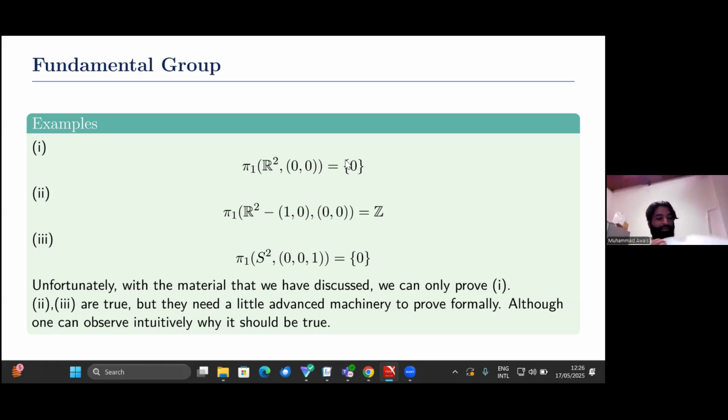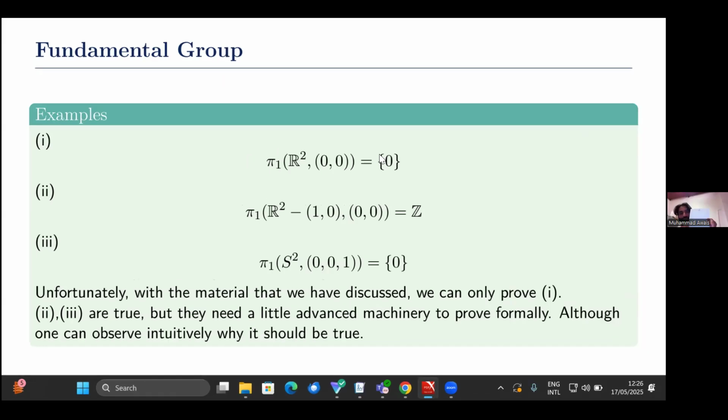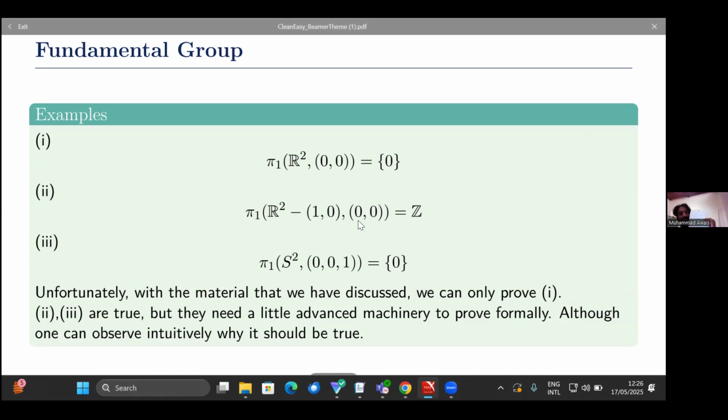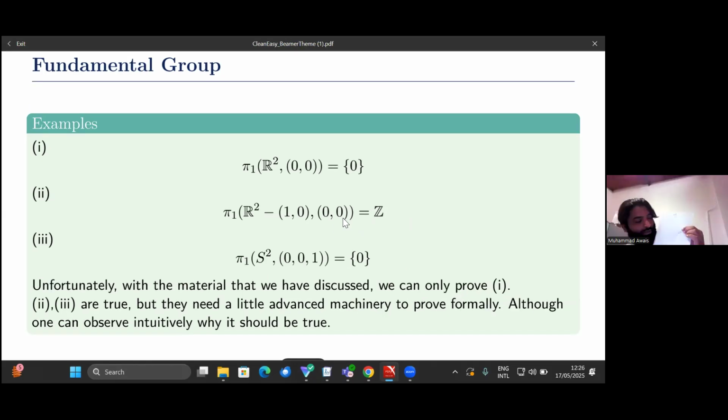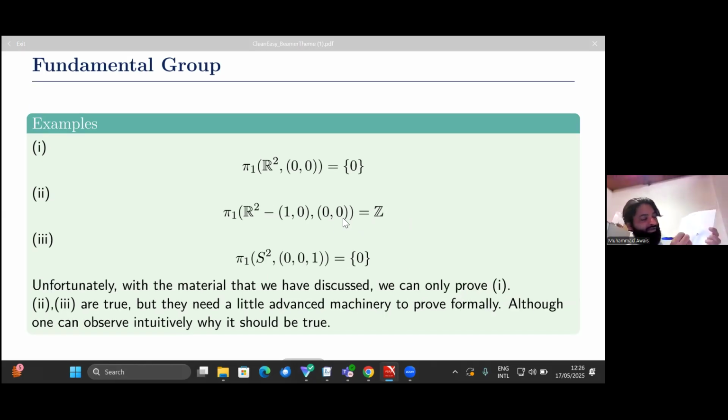So let's say this is your plane. Now I'm removing that one point. This is your base point, like the origin. I am making a dot here.